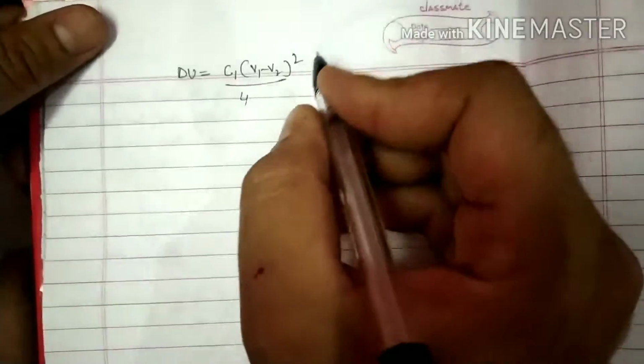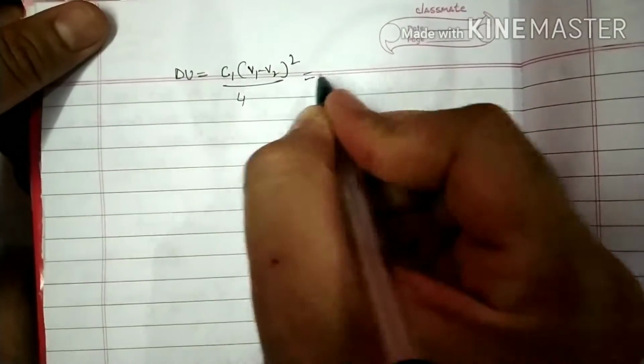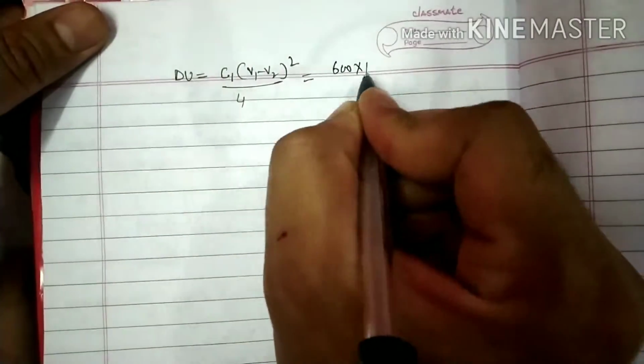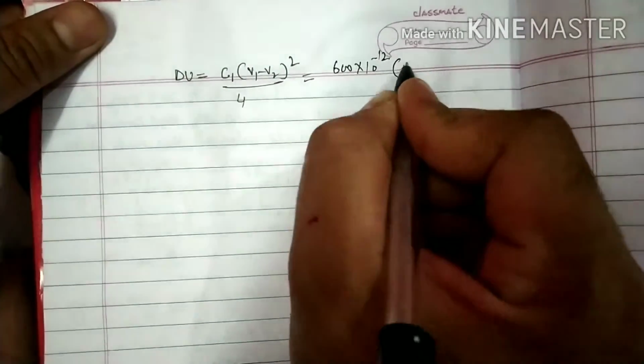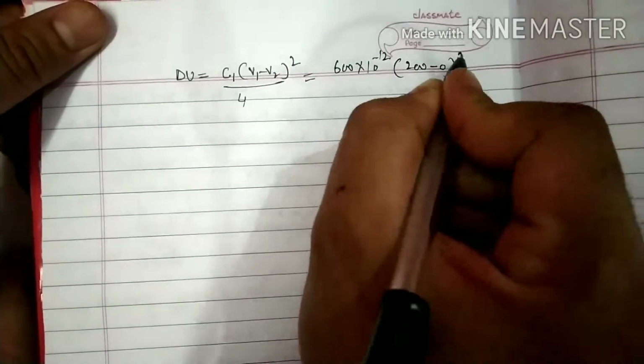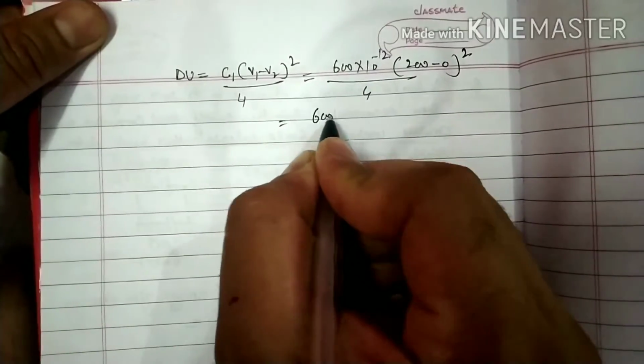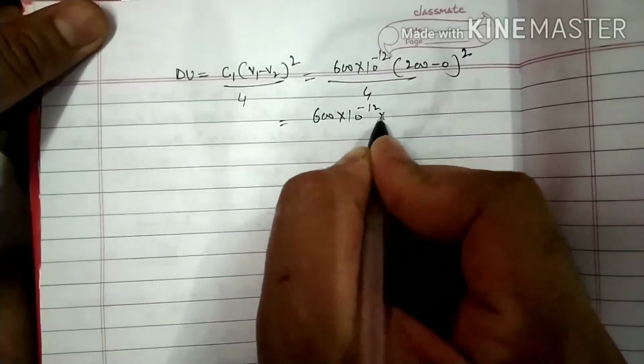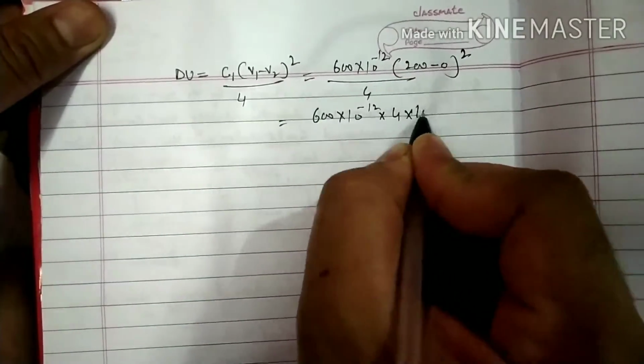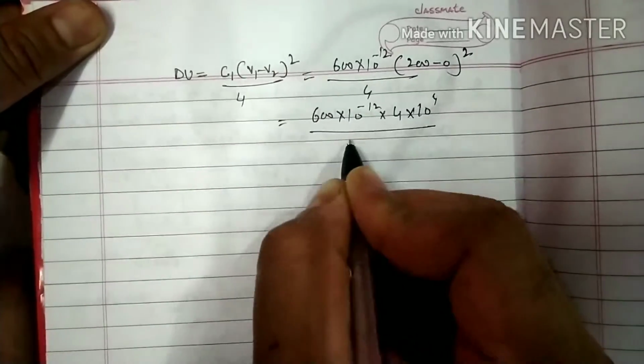Now in this formula we can calculate delta U: C1 is equal to 600 into 10 raised to power minus 12, V1 200, V2 0, whole square divided by 4. So this is equal to 600 into 10 raised to power minus 12 into 4 into 10 raised to power 4 divided by 4.